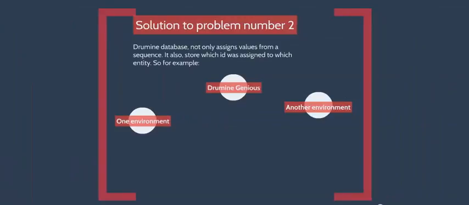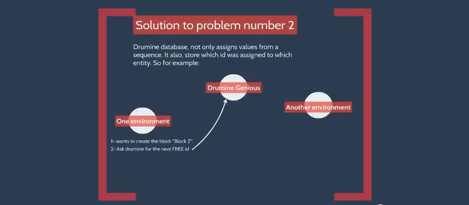The solution to problem number 2 is to design Drumine in order to not only have a sequence value and assign IDs from that sequence, but also to keep in memory which ID was assigned to which entity.